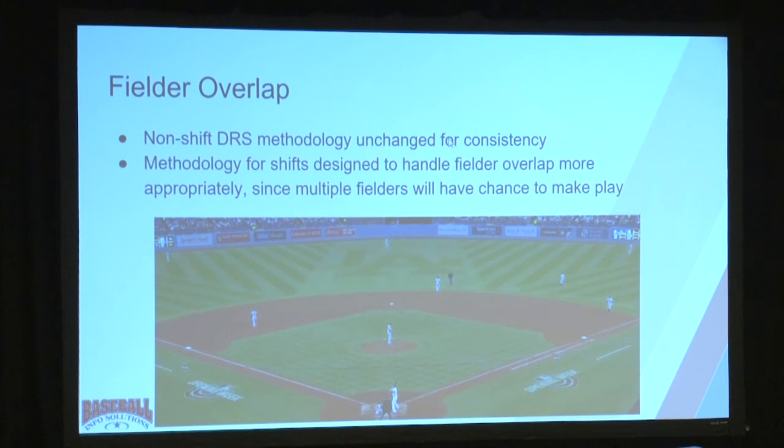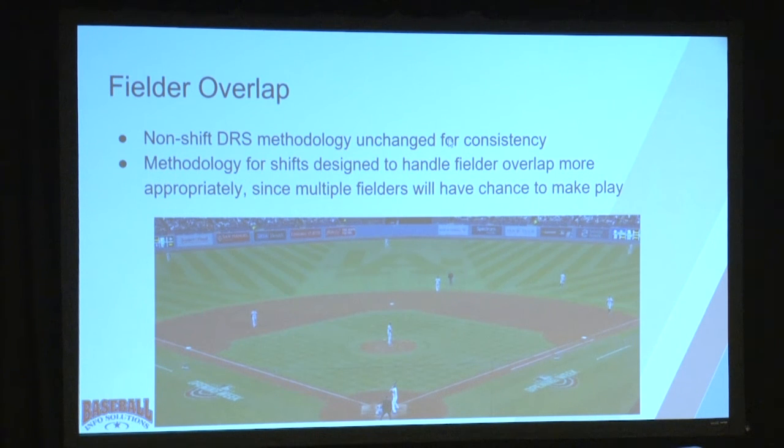On shifts, the methodology is completely different because we wanted to handle this problem of fielder overlap more appropriately. And that problem is, if you see this kind of play, a ball hit to the right side of the field, it's more than likely that at least two fielders are going to have a chance to field the ball. The way the old system handles it isn't really optimal, so we wanted to improve that.